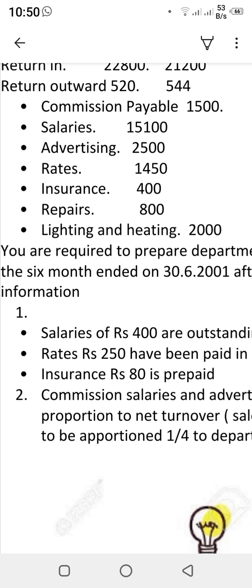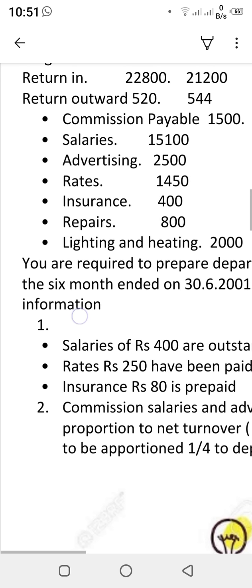Insurance, debit side of the profit and loss account. Repair, debit side of the profit and loss account. Lighting and heating, profit and loss item, and it will appear on the debit side of the profit and loss account. Now what is the requirement?